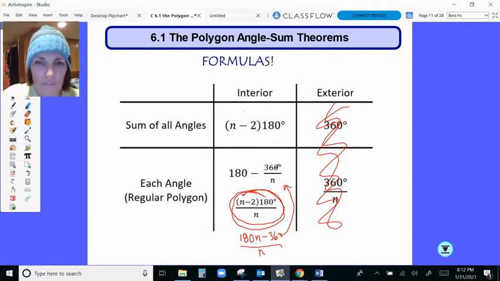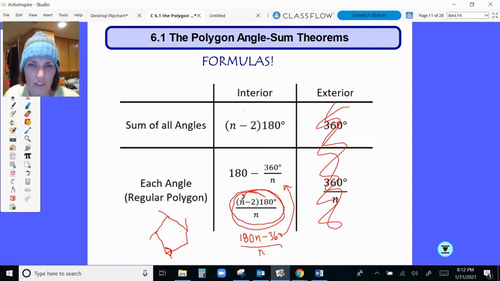Here, I'll draw a picture. If I want to get all of my interior angles right here, this is 180 degrees. So I take 180 degrees and minus each of these in there. Okay, 360 divided by n. So you can just remember how to do it this way, or you can remember this formula also.